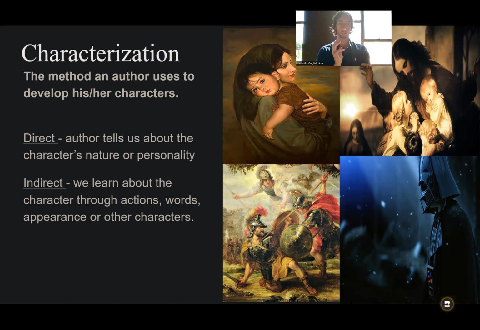There is direct characterization, when an author directly tells you, this character is kind, this character is cruel, this character is great, this character is powerful, whatever. Whereas probably much more often, we're going to have indirect characterization, invoking that usual show, don't tell rule in art, which is we're going to show you the character's personality.